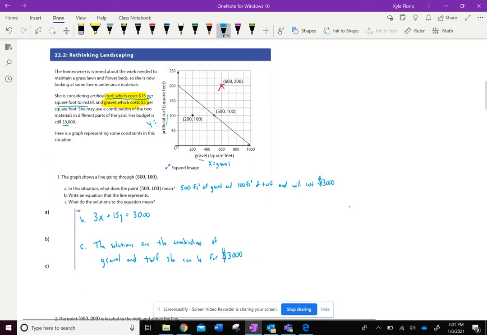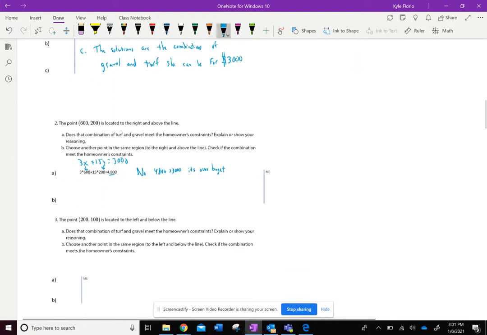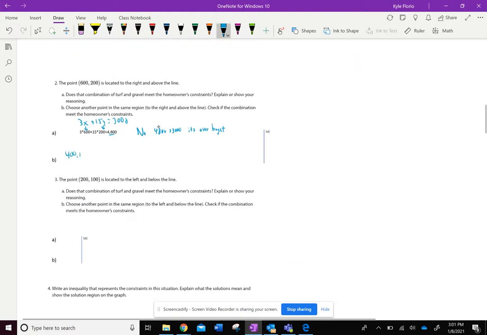But what if I look at another point? Let's look at some point up here in the top right. It doesn't matter. Let's use this point right here. So this point is 400 and 150. So let's use 400, 150. Any point up there will work for this problem. So I'm going to plug in 400 for x and 150 for y.